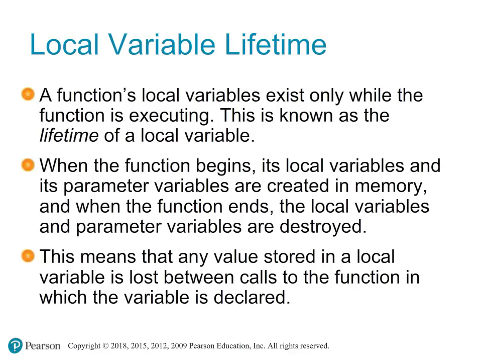Because local variables are destroyed after the function ends, any value stored in them is lost between calls to the function. Similarly to local variables, parameter variables also have a limited lifetime. They are created when the function is called and destroyed when the function ends.